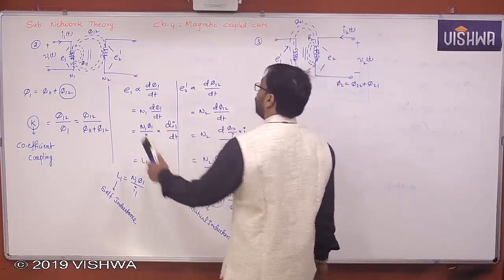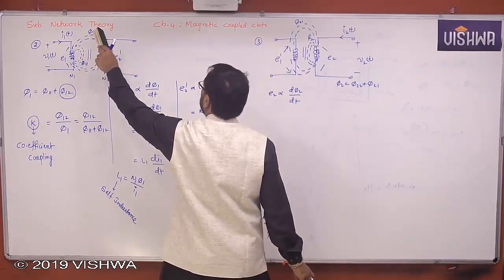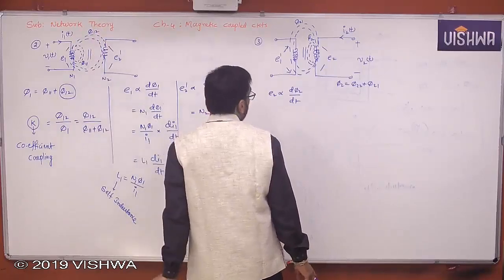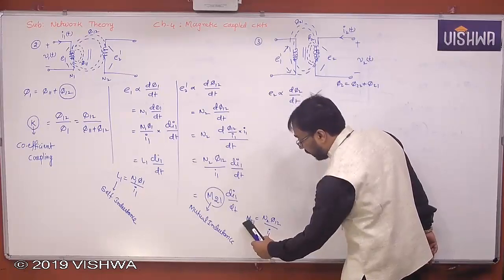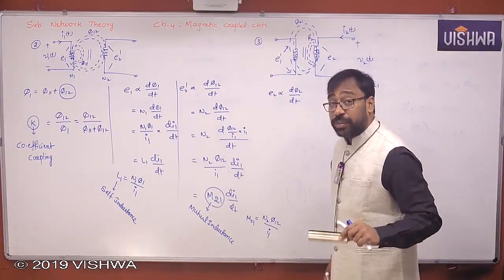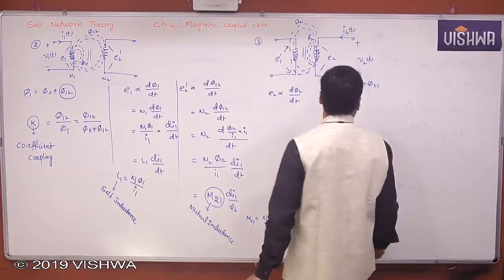So what is phi 1 2 actually here? The flux linking with the secondary when the primary is excited. But what is M21? The EMF induced in the secondary when the primary is excited. This is how you need to interpret the terminology very clearly. Don't get confused in the terminology.